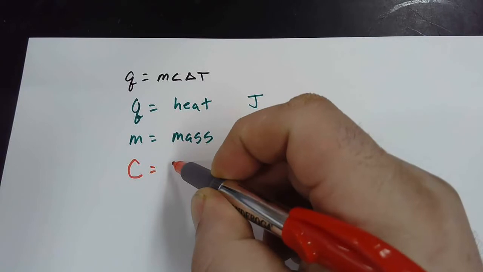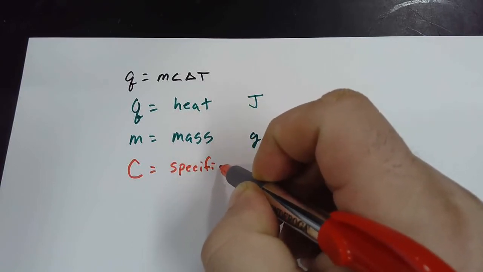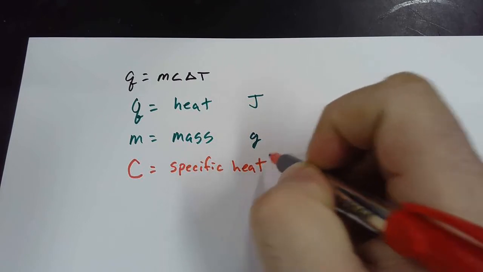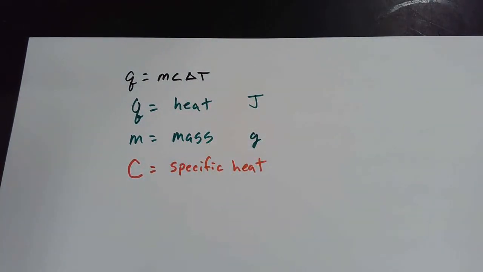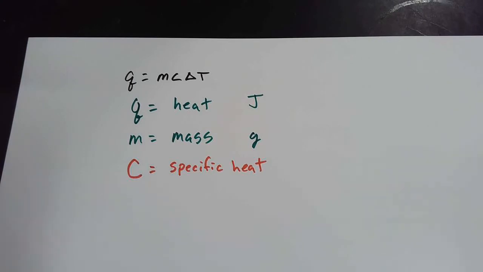This constant is known as the specific heat. It's also known as the specific heat capacity, so they use the C for capacity. Whenever you see specific heat or specific heat capacity, it's the same thing.